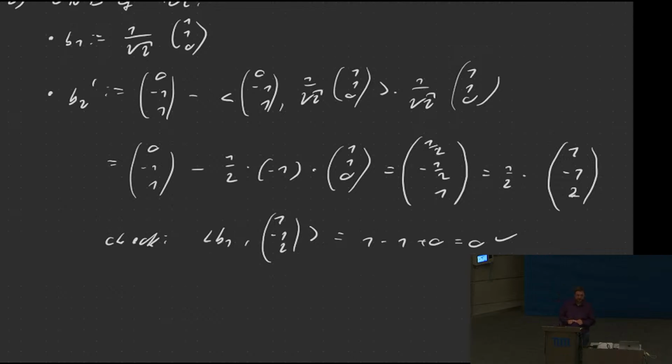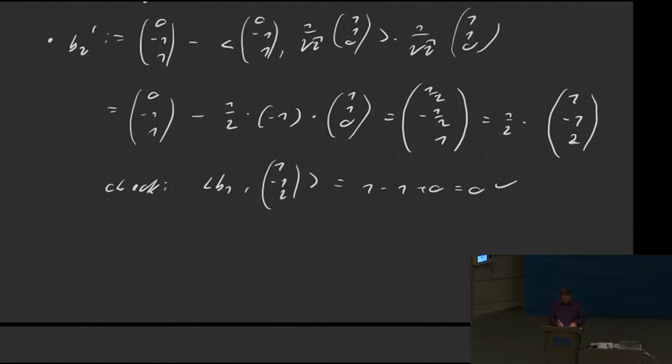Works. Of course, you don't need to write that down in the exam, but you should always quickly verify that this is correct before you continue with the next steps. And for checking whether two vectors are perpendicular, the length doesn't matter, so I can just forget about this factor when I do the check.